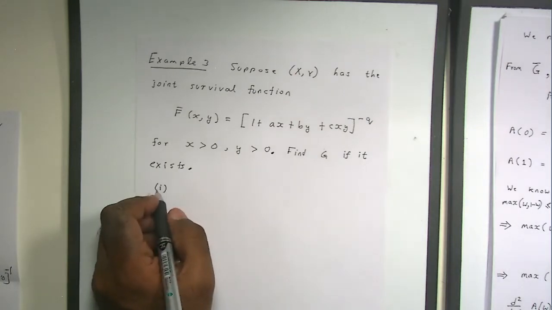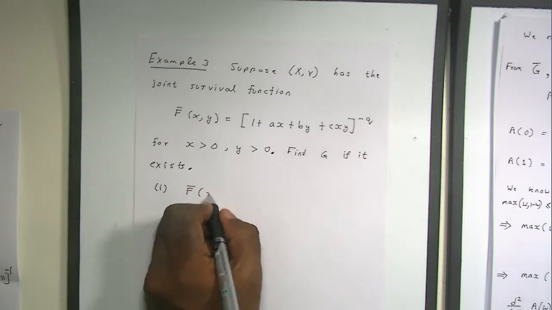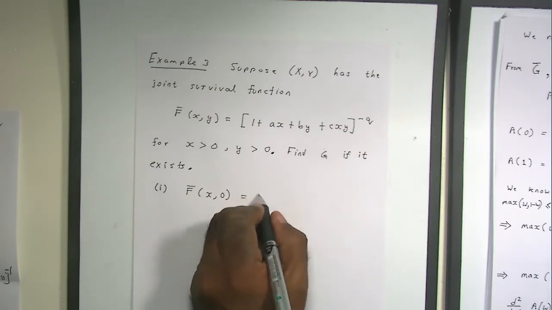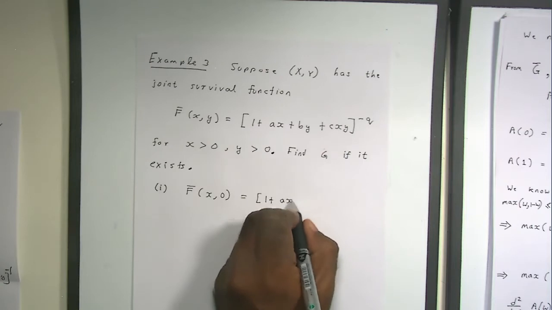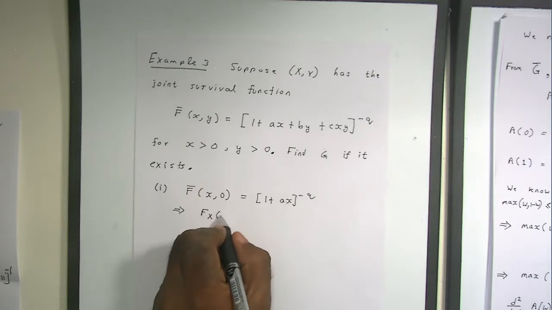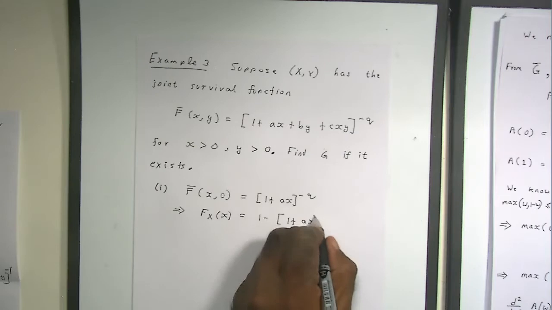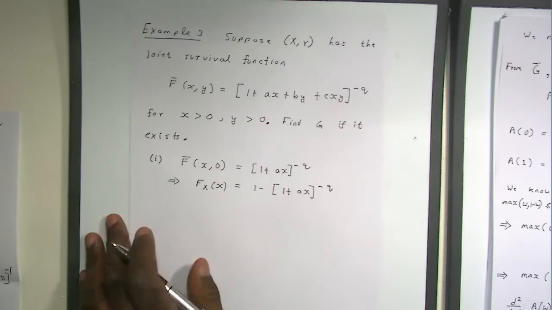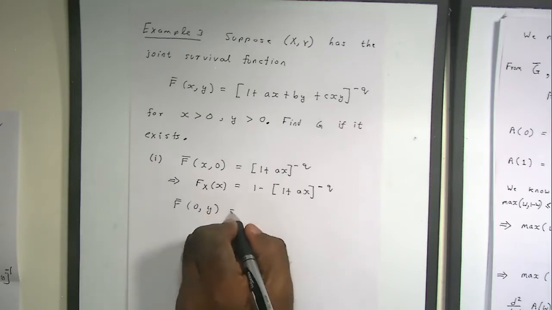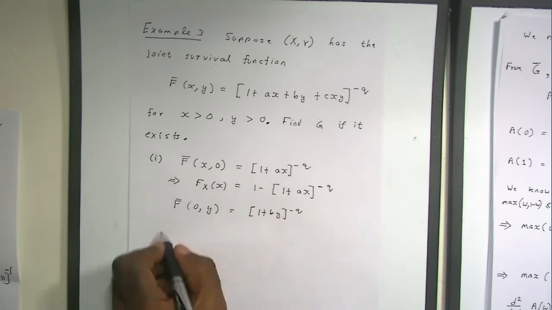So the marginal CDF is going to be, we know that f bar at x comma 0 is 1 plus ax to the minus k. So that implies that, and we also know that f bar at 0 comma y is 1 plus, so this implies that.